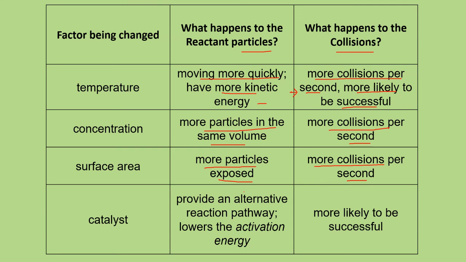Now, the catalyst is a little bit different because it doesn't directly affect the particles, but it provides an alternative reaction pathway that lowers the activation energy, and so the collisions are more likely to be successful and the rate would increase. All right, so you have to make sure that you are explaining in the correct terminology about particles, collisions, and rate. And we want to link these together. So we use phrases like because, and so this means that, and so therefore.